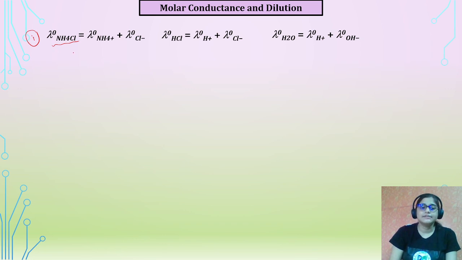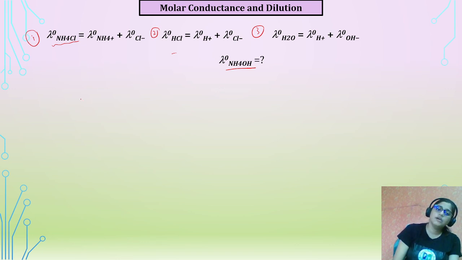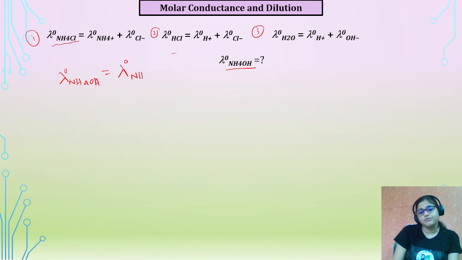How? Let's say this is equation one, this is two, this is for HCl, and this three is for H2O. We have to find out the lambda 0 for NH4OH. According to Kohlrausch's law, it will be equal to lambda 0 of NH4 plus and lambda 0 of OH minus.